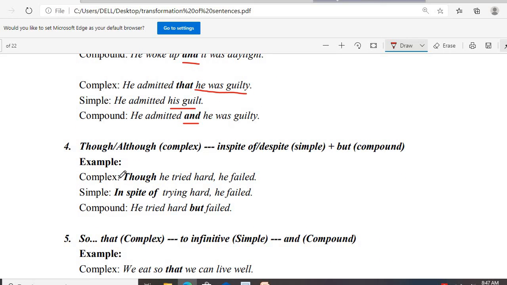Okay, this is the most common and easy rule, and you get this sentence using though, although in a complex sentence in almost every public exam.